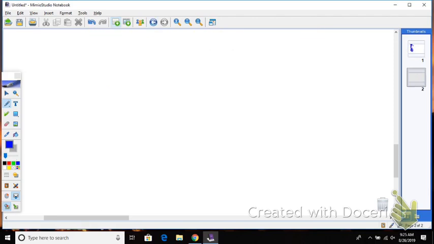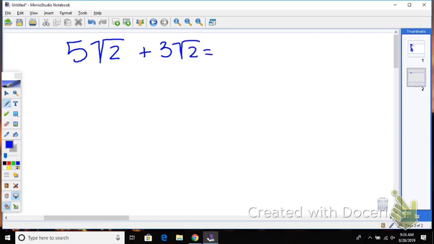Let's move on to adding and subtracting, shall we? When you have radicals and you add and subtract, you can only do so if the root is the same and the number underneath the radical is the same. For example, 5 times the square root of 2 plus 3 times the square root of 2, I can put together.